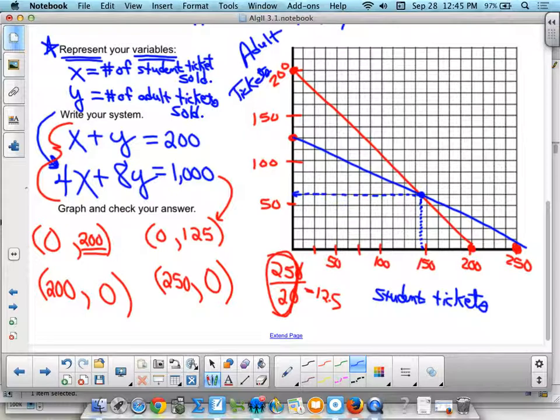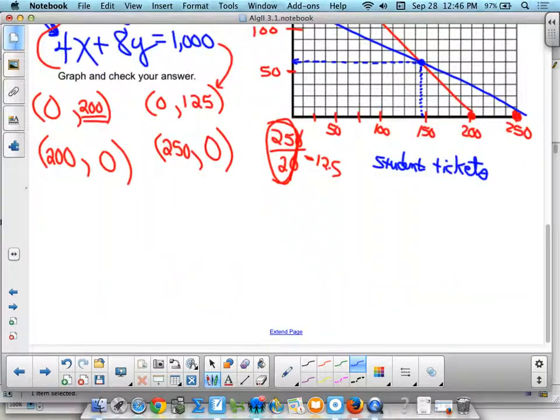If you drew straight lines, this works really nice. Yeah, that's right. 150 and 50. Okay, what does that stand for? X stands for student tickets, Y for adult tickets. Now, if it's right, it should work in both. Let's do it. 150, X plus Y. It's supposed to equal 200.